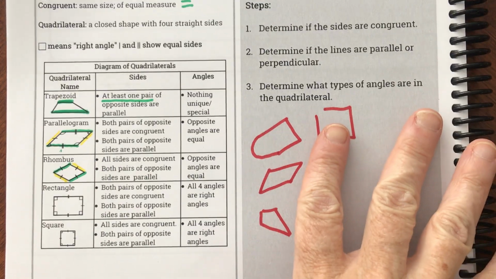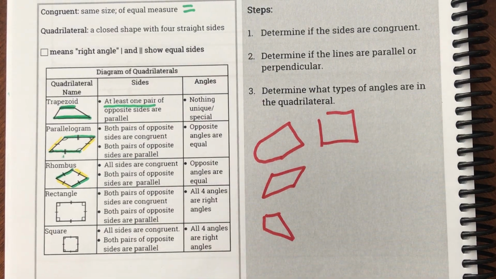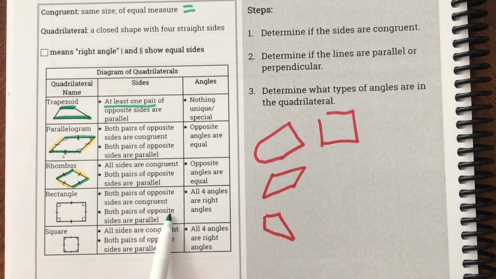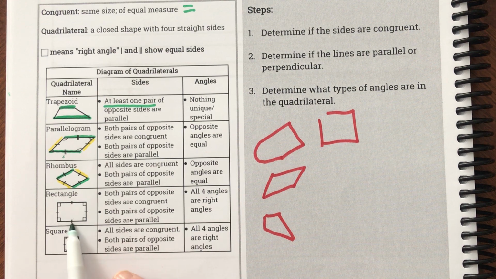Okay, then we have our rectangle, which is a shape you've been doing since kindergarten. Our rectangle says both pairs of opposite sides are congruent. So this 1 dash and this 1 dash means those 2 sides are congruent or equal. 2 dashes and 2 dashes means this side and this side are both equal or congruent.